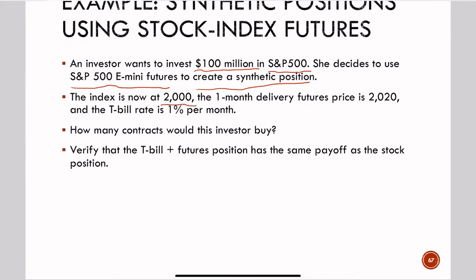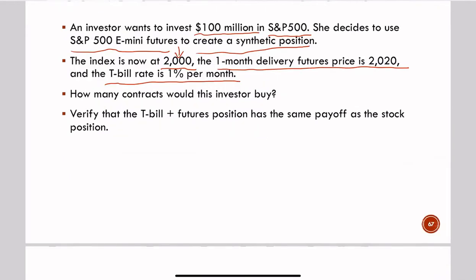And let's assume the 1 month delivery futures price is 2020. And let's say the T-bill rate is 1% per month. Okay. How many contracts will this investor buy? This is the first question. The second question is to verify that this T-bill plus futures position has the same payoff as the equity position.